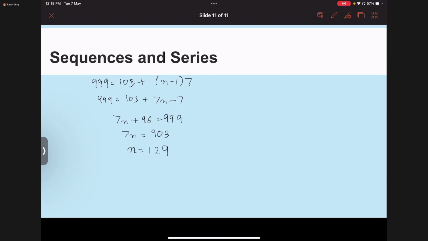For an odd number of terms, there is only one middle term. If you have an even number of terms, then we will have two middle terms.